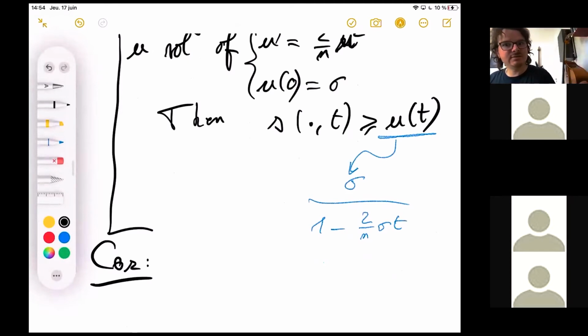This is in the spirit of what we were saying, that when you have positive curvature, then you tend to have a finite time of existence.